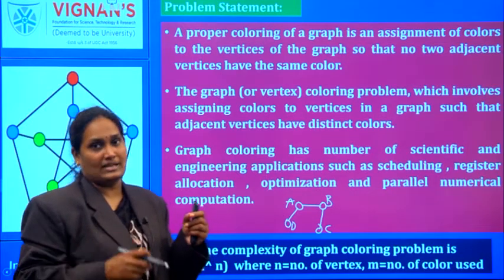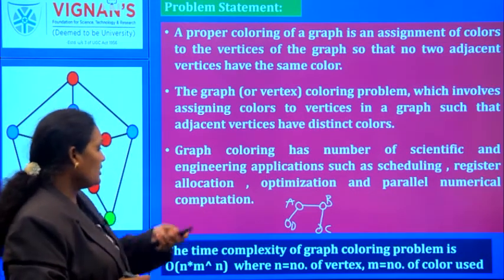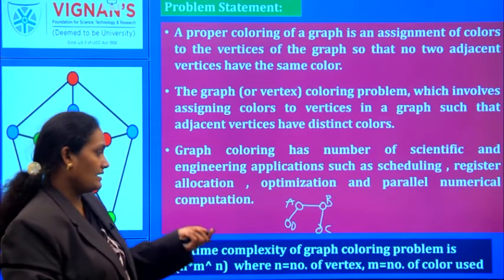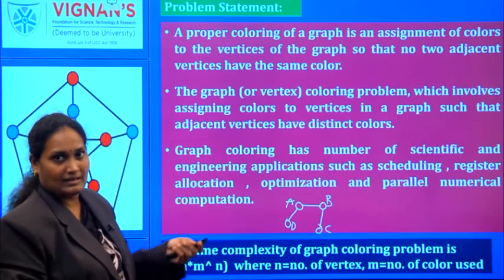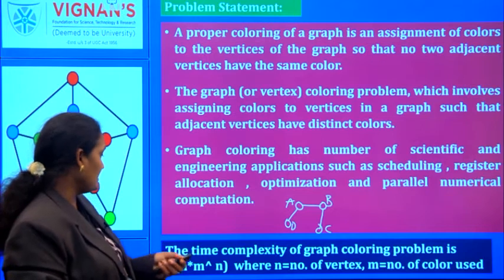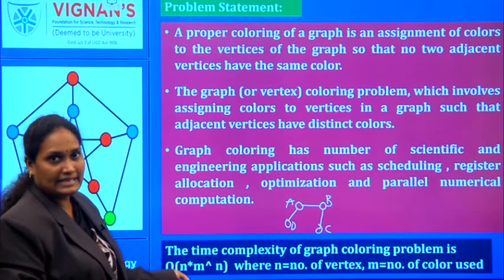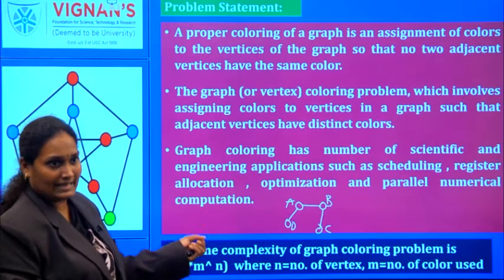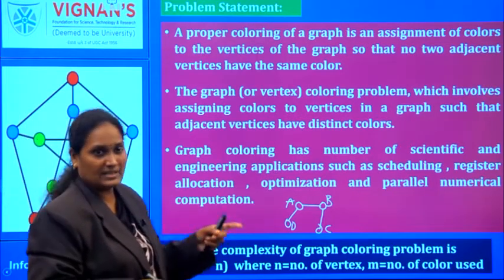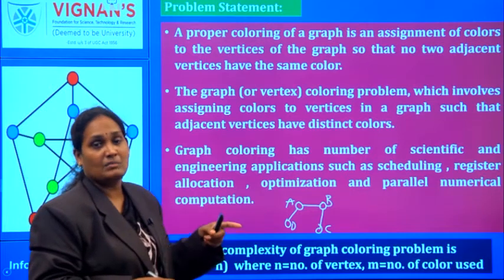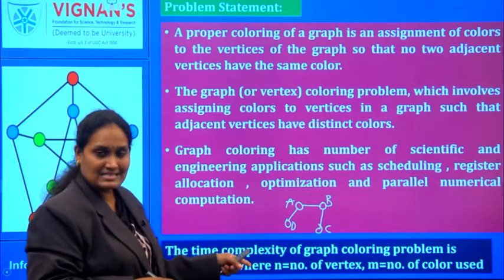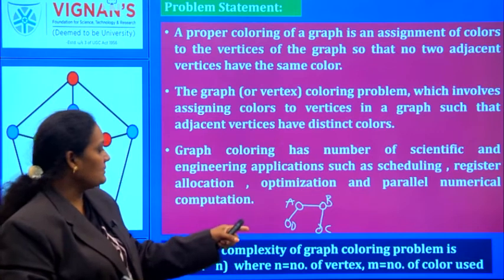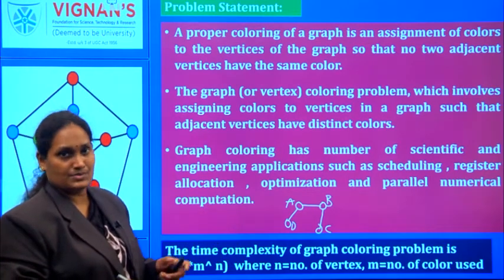Now, the time complexity of solving a graph coloring problem using the backtracking method is big O of n times m power n. Here n is the number of vertices and m is the number of colors used.